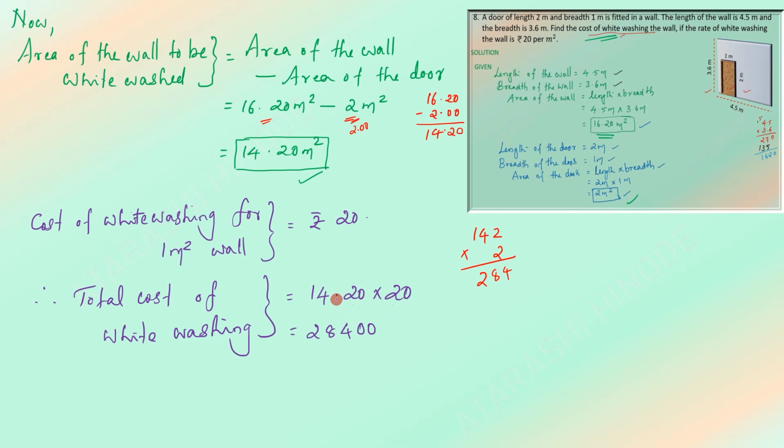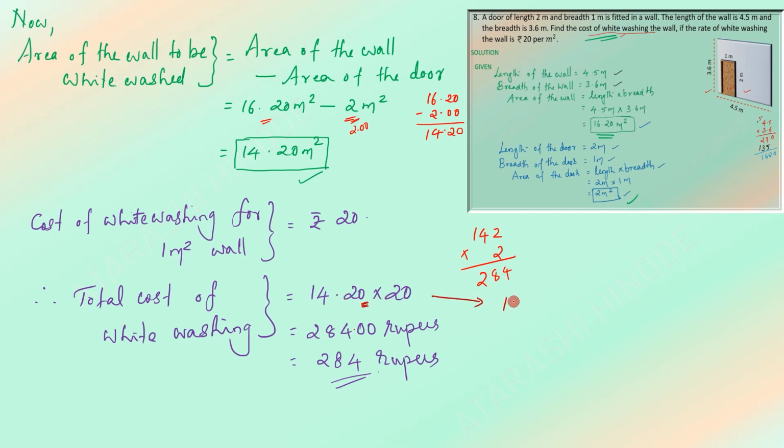Since the decimal is after the 2 digits from the right, here also after the 2 digits from the right, you put the decimal here. That much rupees, that is equal to 284 rupees.